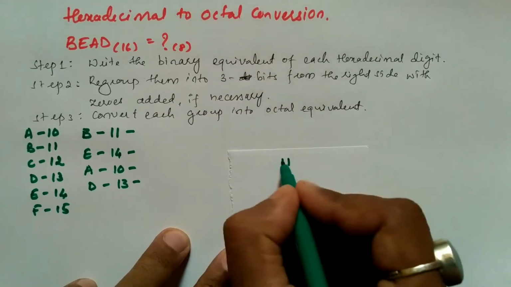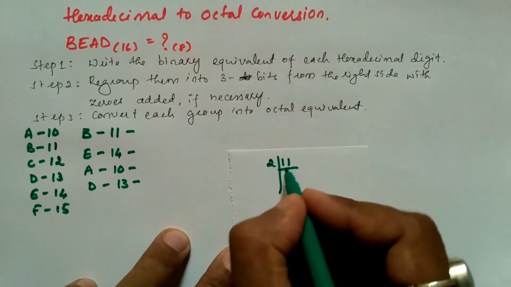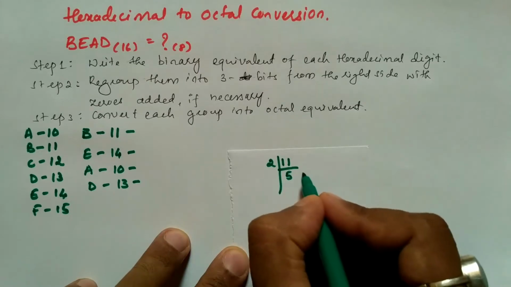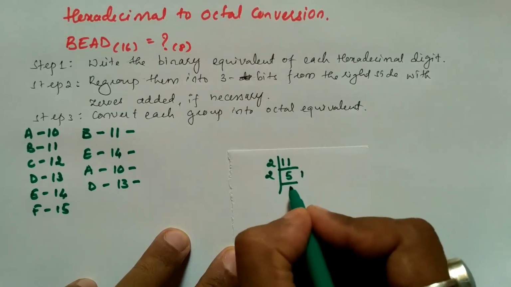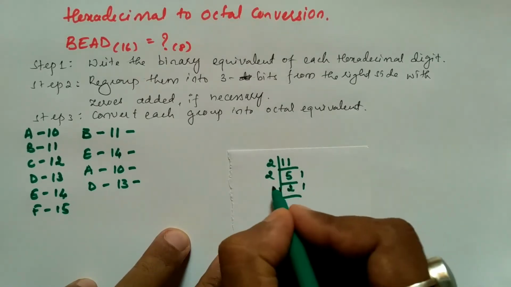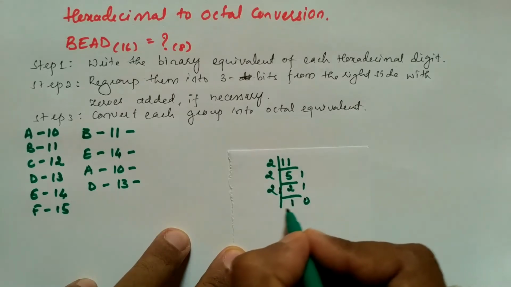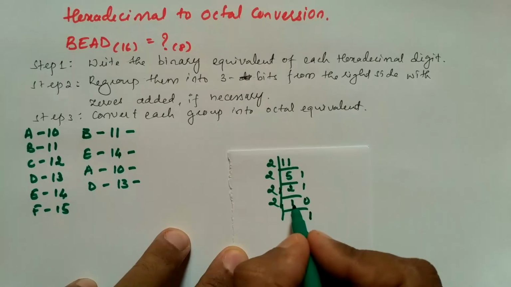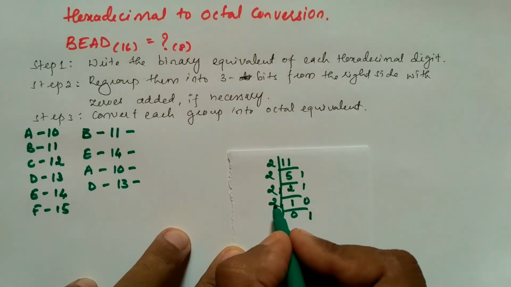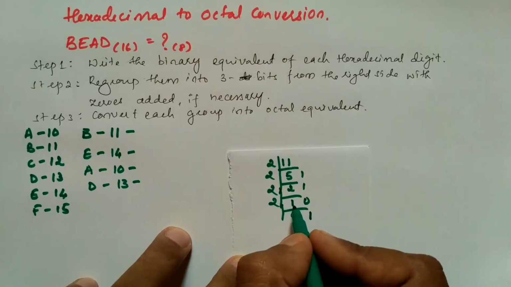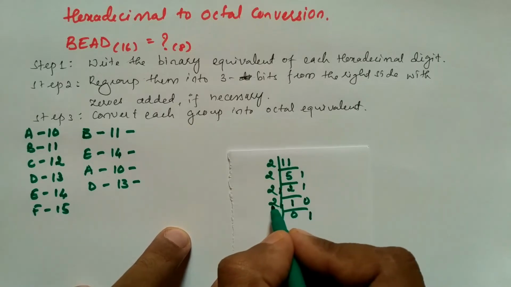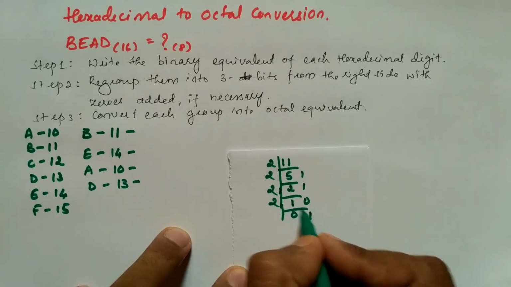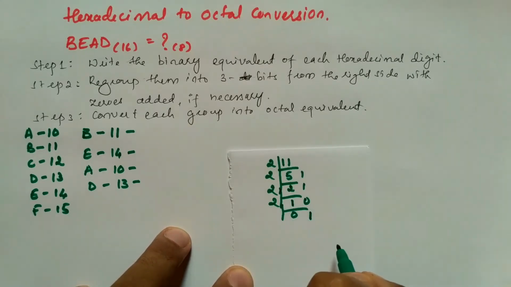So 11 we have to divide by 2. 2 5s are 10, 1 is the remainder; 2 2s are 4, 1 is the remainder; 2 1s are 2, 0 is the remainder; 2 zeros are 0, and 1 is the remainder because 1 is less than 2. As per the basic mathematical rule, when the numerator is less than the denominator, the numerator acts as the remainder and the quotient becomes 0.